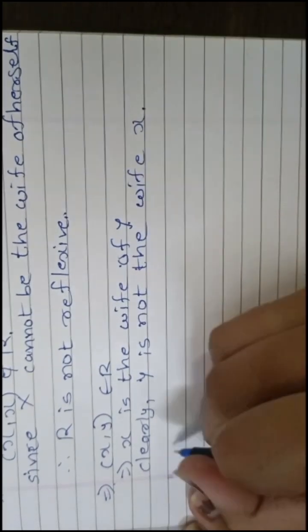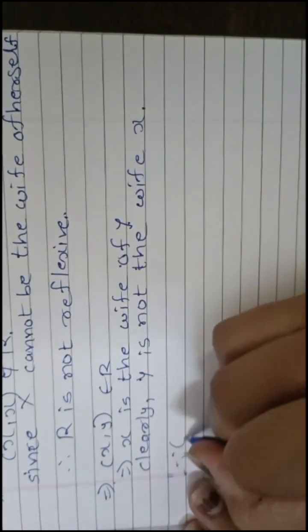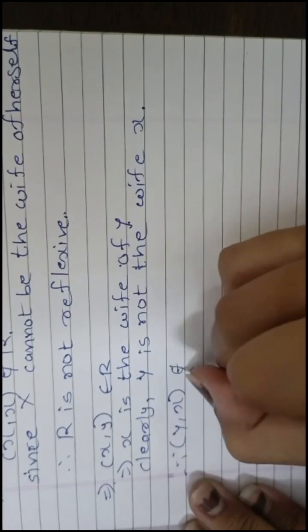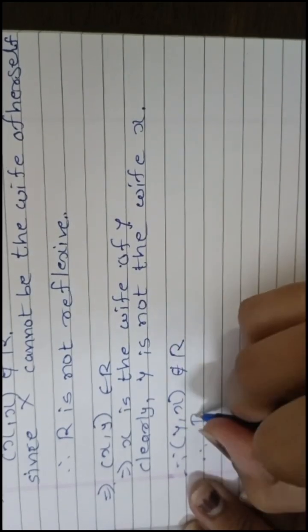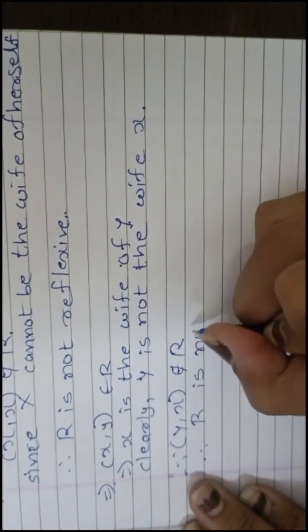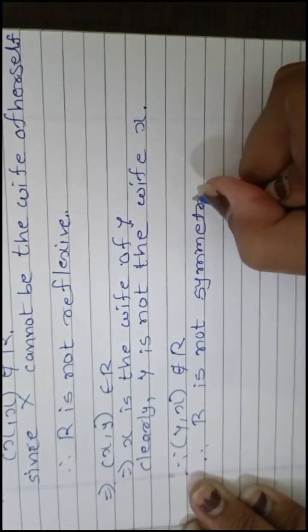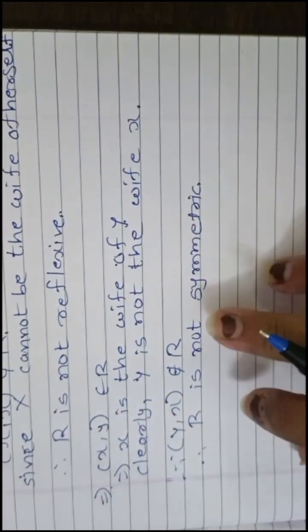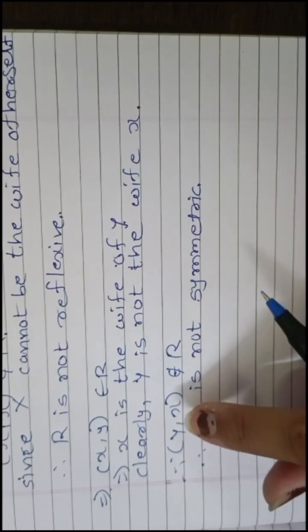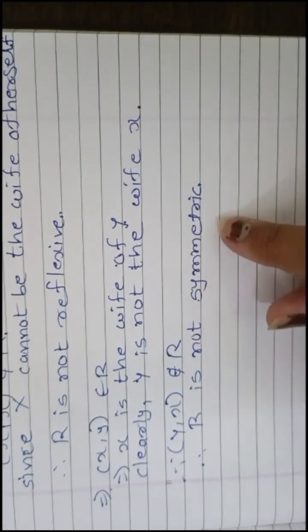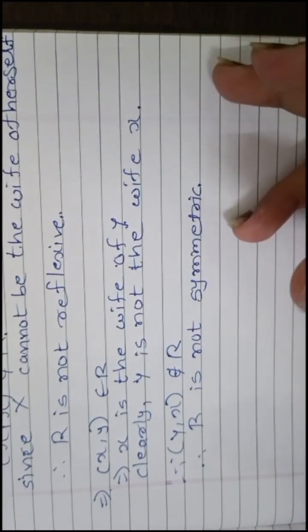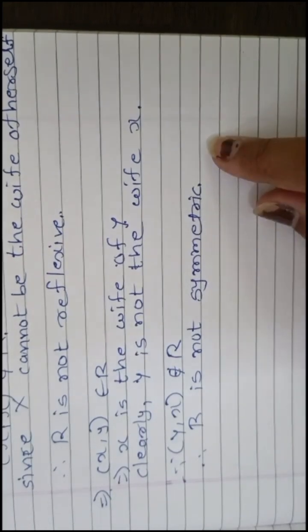Therefore, you can see (y, x) does not belong to R. Therefore, R is not symmetric. Indeed, if x is the wife of y, then y is the husband of x, so y cannot be the wife of x. That's why R is not symmetric.